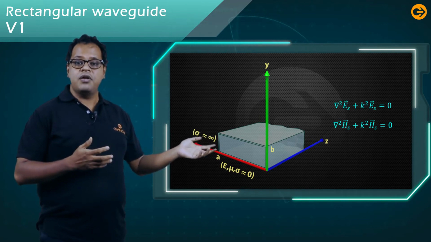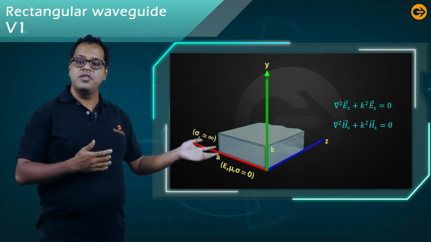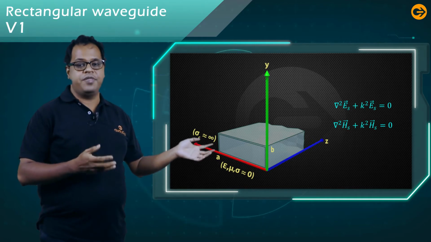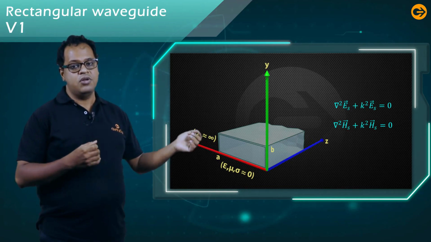So what is our overall equation? Mu is equal to mu 0 mu r, epsilon equal to epsilon 0 epsilon r. What we have discussed is that in a rectangular waveguide, the wave is propagating along the z direction, and both the electric field and magnetic field have three components, Ex, Ey, Ez and Hx, Hy, Hz respectively.